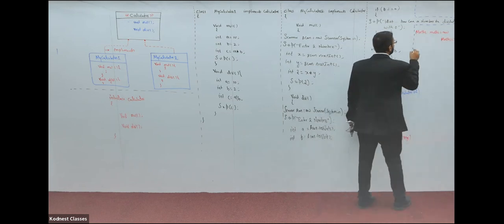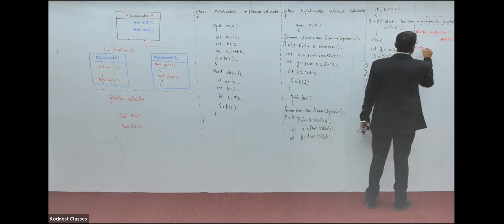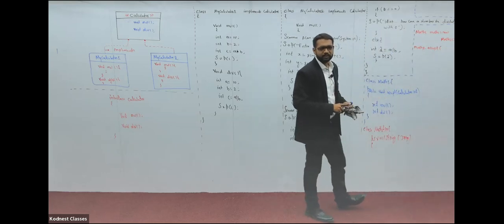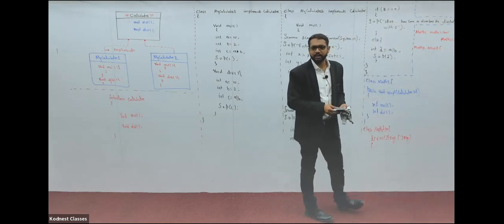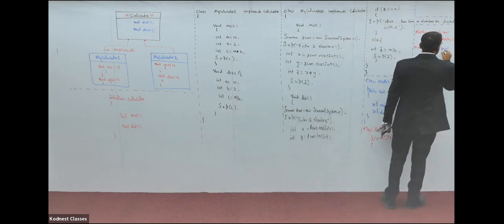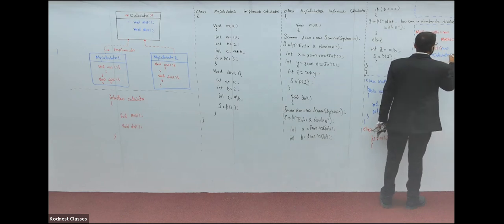And I would tell maths dot accept. What does it have to accept? For the first time, it has to accept the calculator 1. Hence, I would tell accept new my calculator 1.